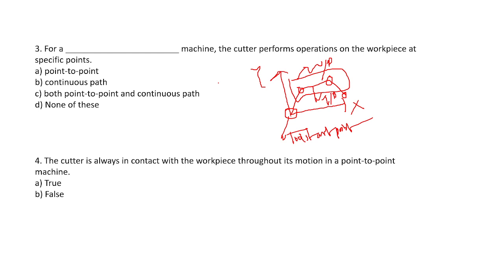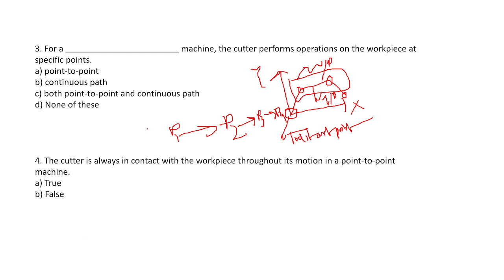So here, from P1 to P2, P2 to P3, P3 to P4, you mention it like that. So basically, what happens is you can move only one axis at a time.